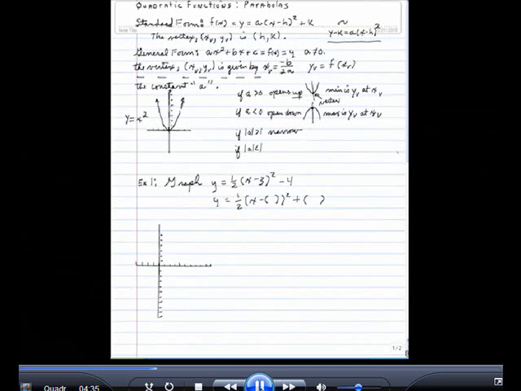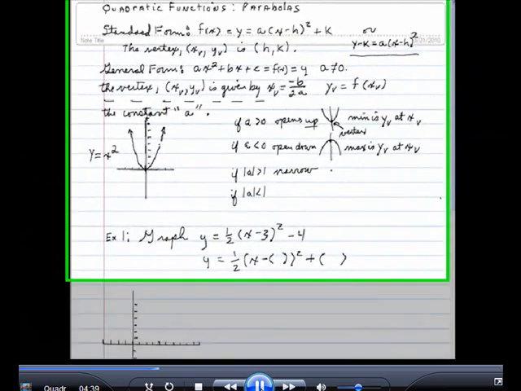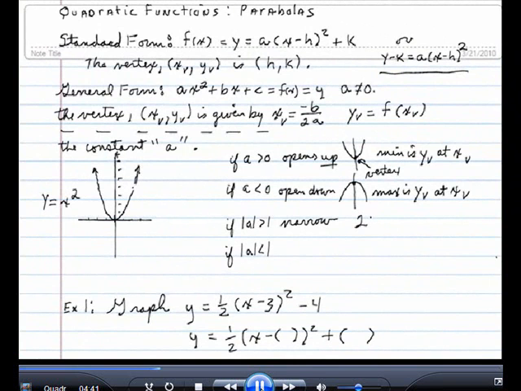Narrow relative to the standard parabola. So if a is 2, the parabola is going to be twice as tall, and that's going to make it appear narrow. For example, instead of when you get to x equals 2, y being 4, when you get to x equals 2, y will be 8.